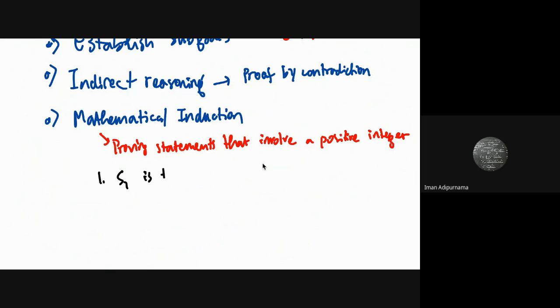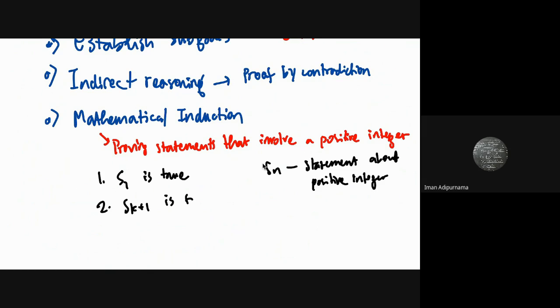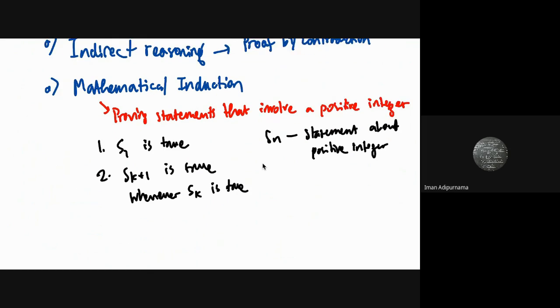Like, if S1 is true, as a statement about positive integers, and if S(k+1) is true whenever Sk is true, then we draw the conclusion that Sn is true for all positive integers n.